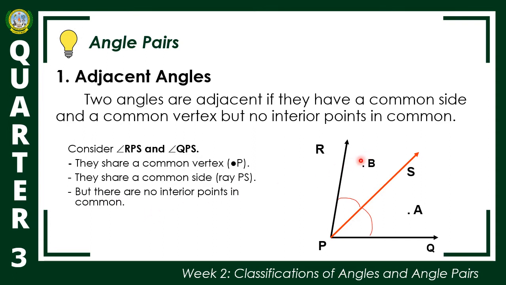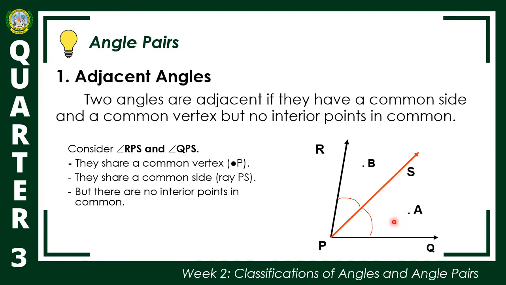Okay, since an angle divides a plane into regions, as you can see, there will be points inside the angles. Okay, for example, we have point B, which is inside angle RPS, and point A, which is in the interior of angle QPS. So, yan pong points A and B ay examples lang po ng mga interior points.